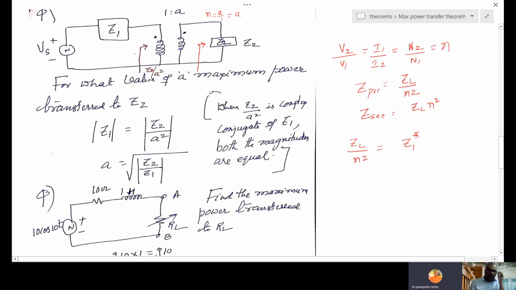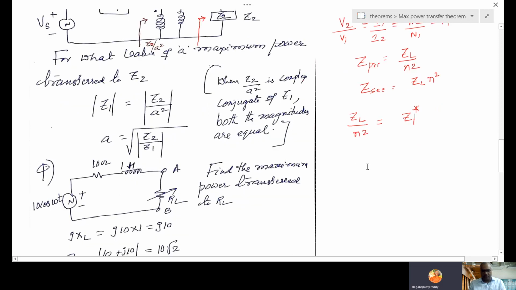With the help of that, it is a complex conjugate. If it is a complex conjugate, the magnitudes are equal. Example, 3 plus J4. The complex conjugate of this is 3 minus J4. What is the magnitude of this? 5.